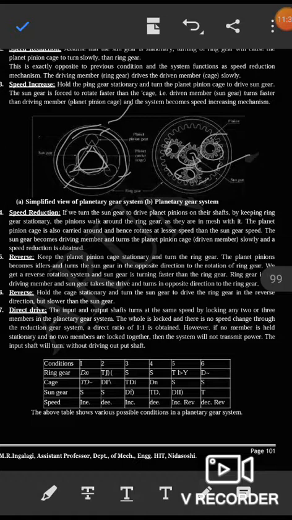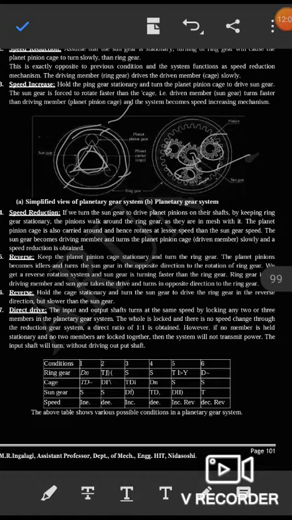If we turn the sun gear to drive the planet pinions on their shafts, keeping the ring gear stationary, the pinions walk around the ring gear as they are in mesh with it. The planet pinion cage is also carried around and hence rotates at a lesser speed than the sun gear.